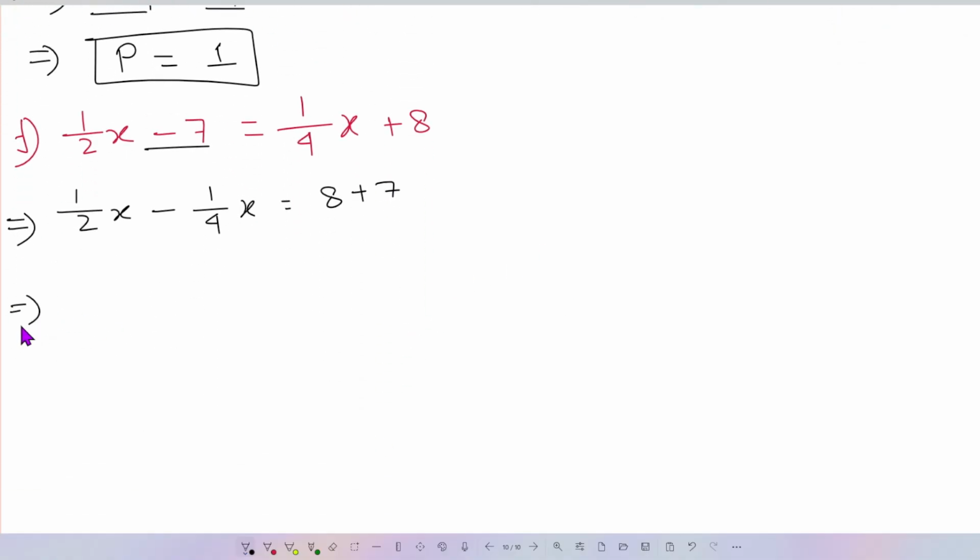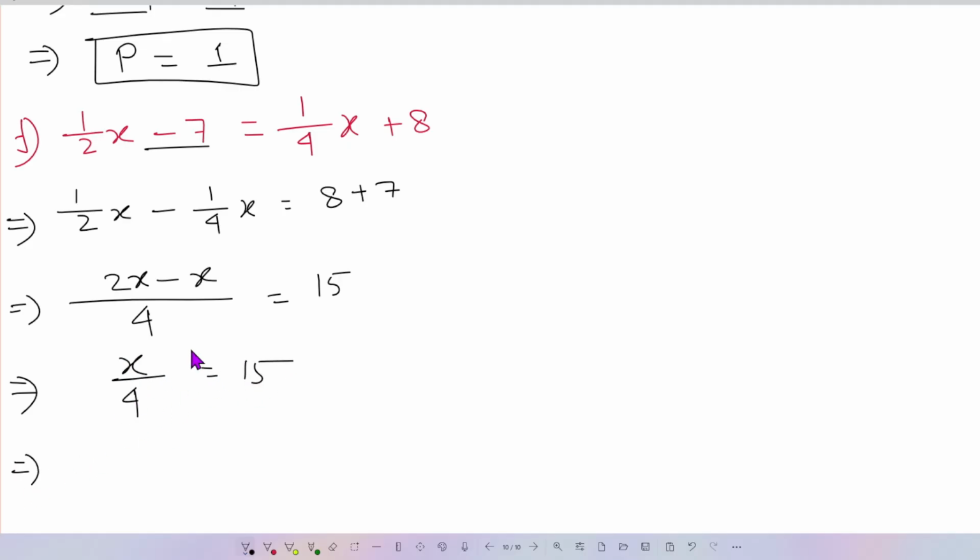Now here we can take the LCM. So 4, here is 2x minus x equals 8 plus 7, which is 15. Now 2x minus x equals x, divided by 4 equals 15.